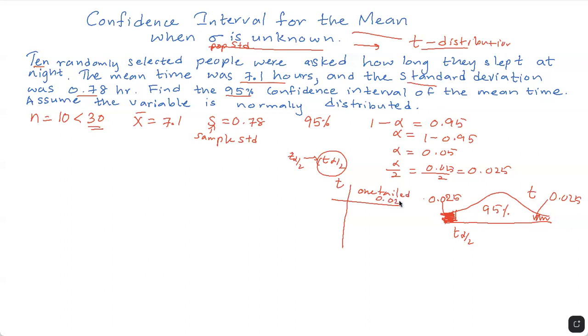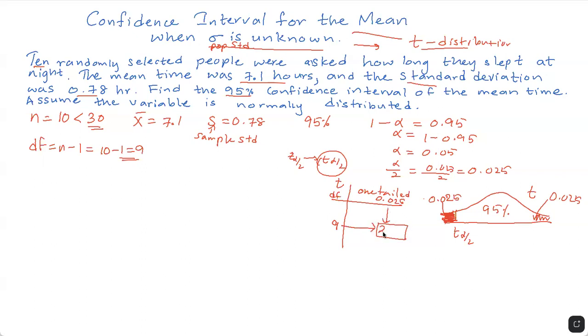Look at 0.025, and the first column is the degrees of freedom. So what's the degrees of freedom here? Degrees of freedom is sample size minus 1. Here the sample size is 10, and 10 minus 1 is 9. So you are looking at 9, right? With degrees of freedom 9, locate this number over here.